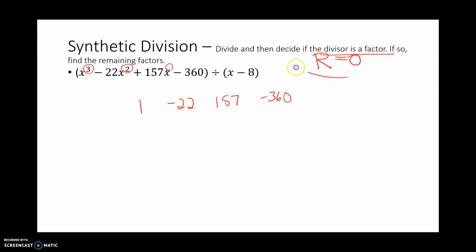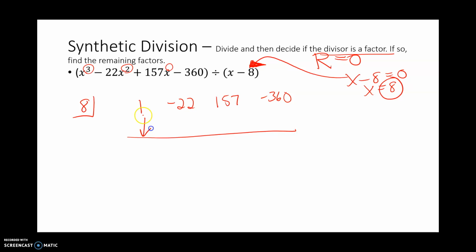Now, when we're doing synthetic division, when our divisor looks like this, we actually solve it to figure out what the solution would be, and that's what we use to evaluate synthetic division. So let's do the process. 1 comes down. 1 times 8 is 8, and we add, so that should be -14.